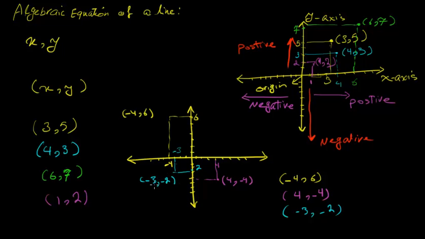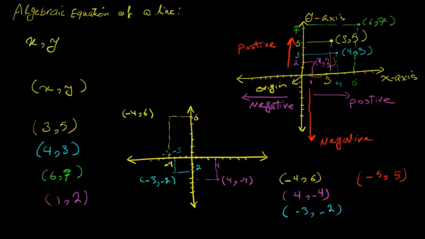Let's say we have, let me get my red, -5 and 5. We don't need to put the plus sign.